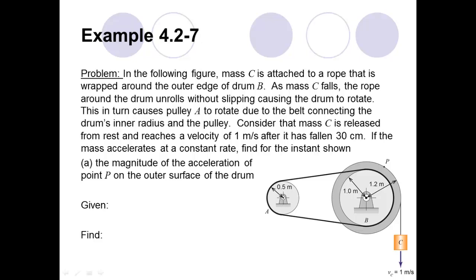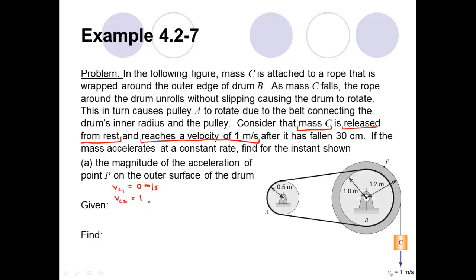Once we understand what's happening, we then try to identify what's given and what's unknown in the problem. So we see that mass C is released from rest. So that means its initial velocity is 0 meters per second, and it reaches a velocity of 1 meter per second.